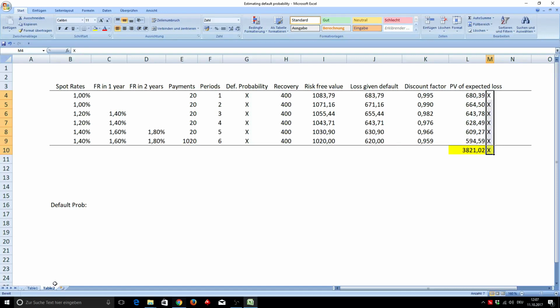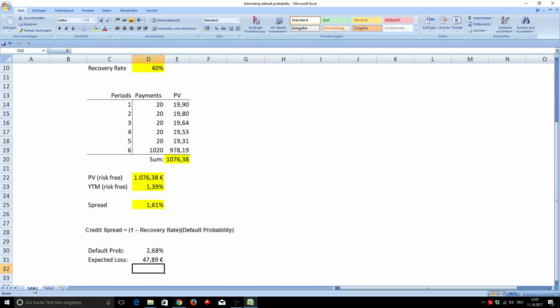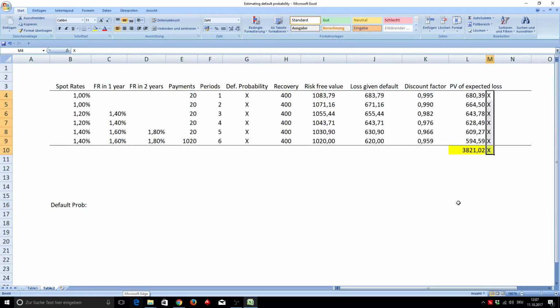What we can do now is go back, because what we've done here is we've already calculated our expected loss from the bond. So we can make a new equation. We set them equal, our expected loss and the present value of the expected loss times our default probability, and then we solve for x.